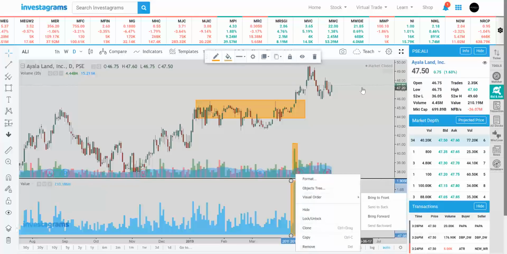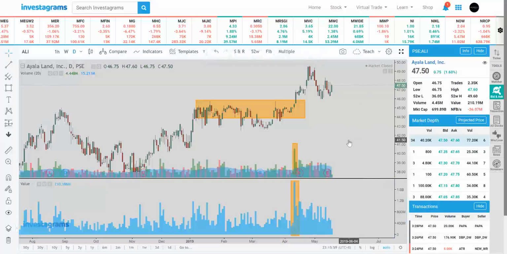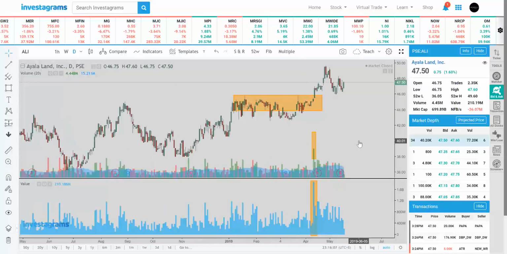Okay, so we want to see stocks that are progressing in price but is also accompanied by good value traded. So that means that if the stock is going up, it's also accompanied by strong money flow. So there's really weight in that price movement. Okay?